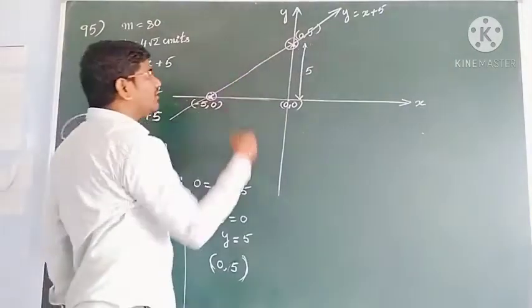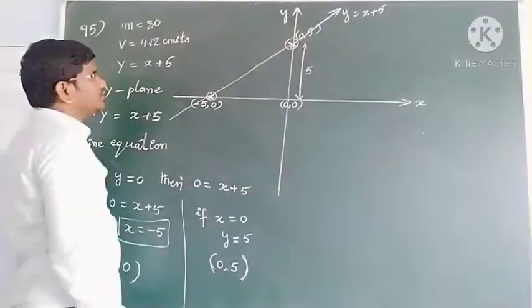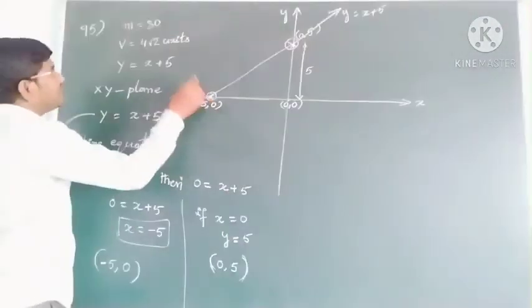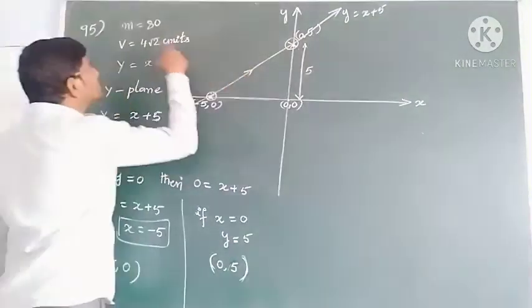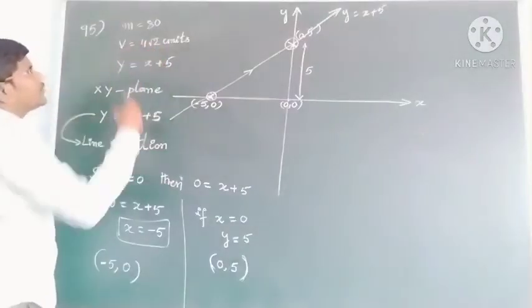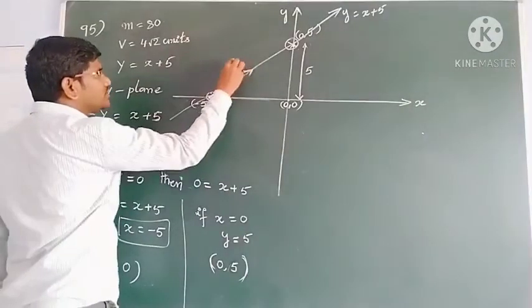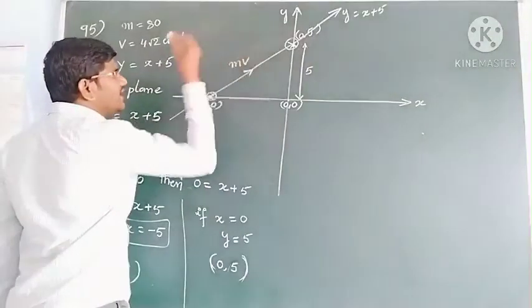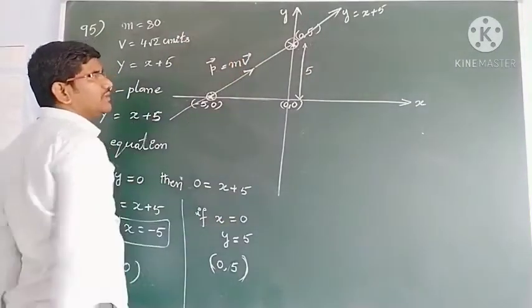Then plot a graph. So the particle is moving along this line, with mass 80 units and velocity 4 root 2. This is the velocity direction. Now you take mass into velocity and you will get the momentum direction, the linear momentum.